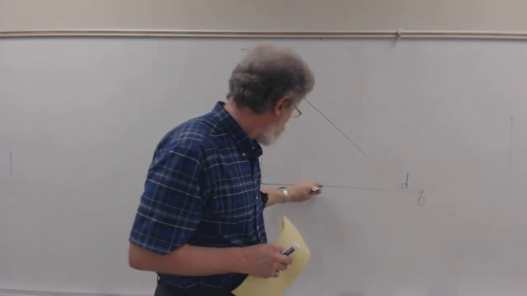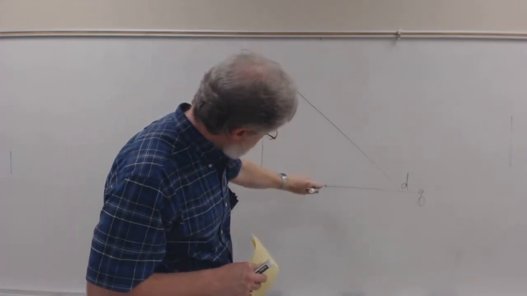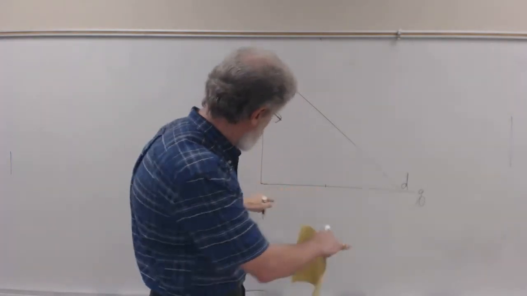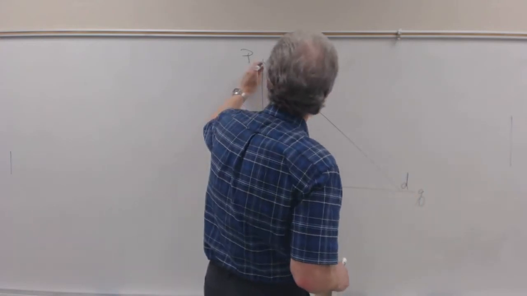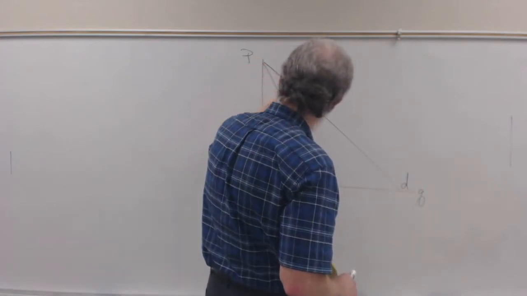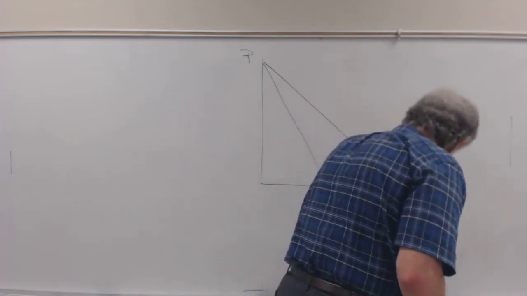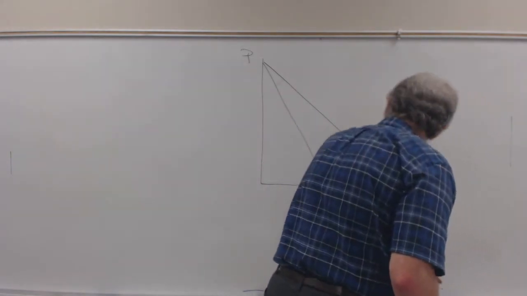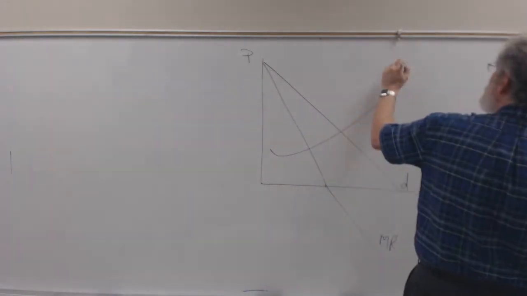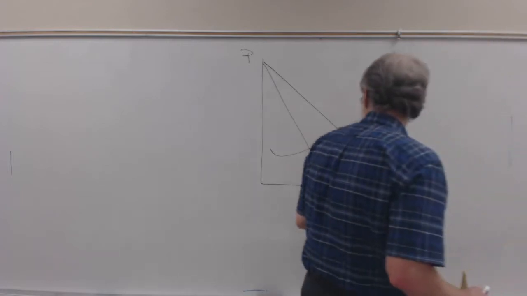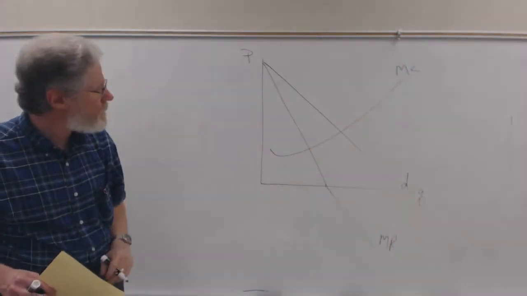We know marginal revenue is going to start out right up here and cut the axis at the midpoint between this point and this point, so it looks something like that. Now there's going to be a marginal cost curve. It will look like our typical marginal cost: it declines at first and then increases.